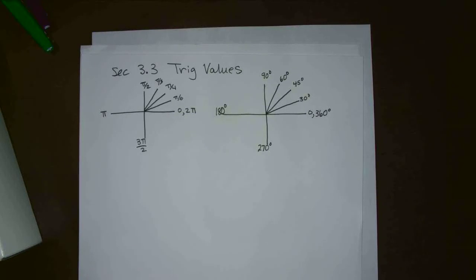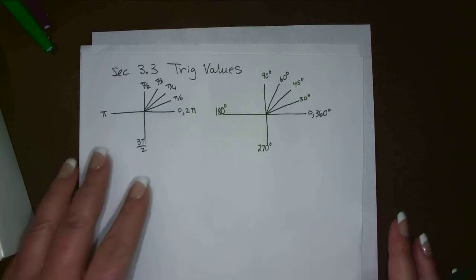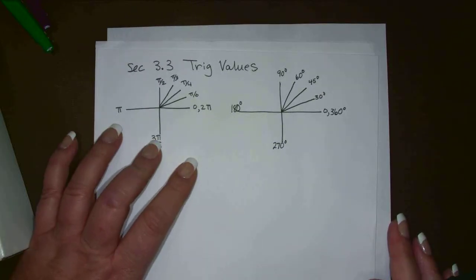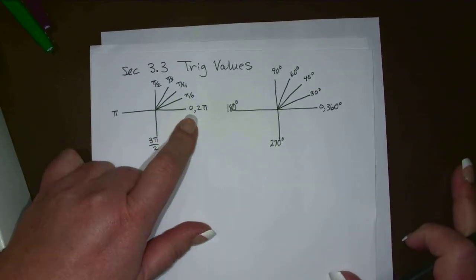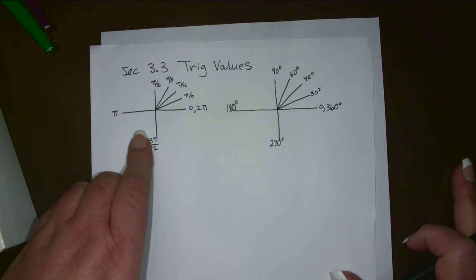Okay, so we're going to finish up trig values today. We're going to look first at how to convert from degrees to radians or radians to degrees. What I drew here was just the axis with our radians on it, which we talked about last class, how to find where they go for different angles.